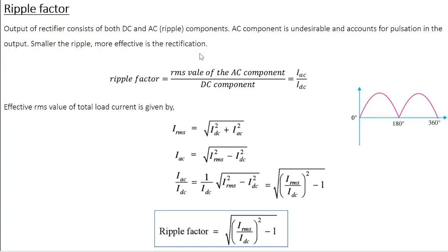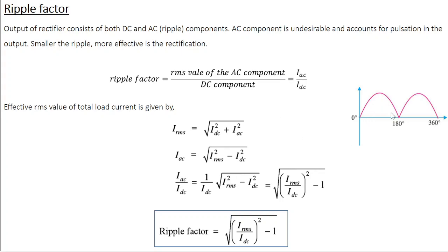So you can quantify ripple in terms of ripple factor as the ratio of RMS value of the AC component to the DC component, or in terms of current, this is IAC divided by IDC.